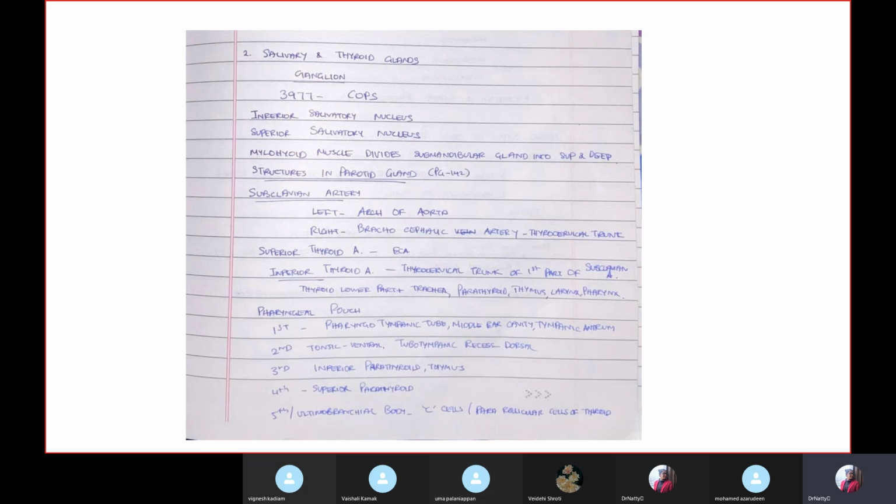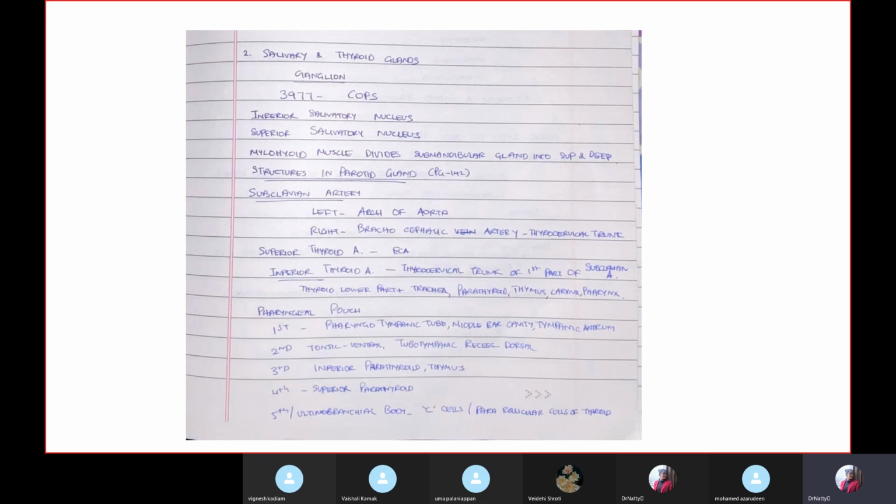Then we'll go on to the other things related to salivary and thyroid glands. We have one structure called the mylohyoid muscle, and there are two MCQs related to it. They'll ask about the position of the sublingual gland. Remember, the sublingual gland is a superficial gland, and its position is just below the mucosa and above the mylohyoid.